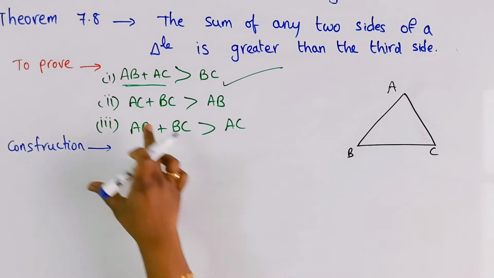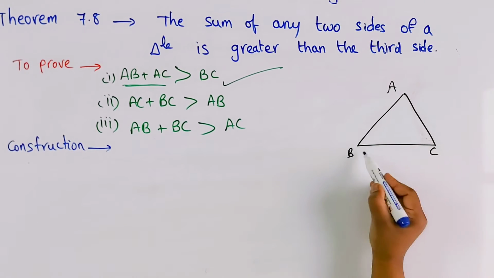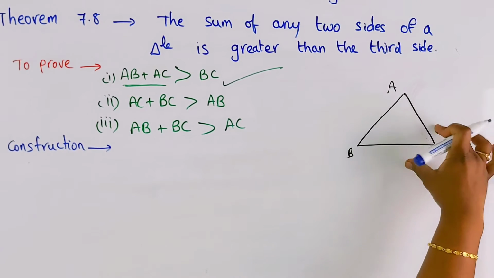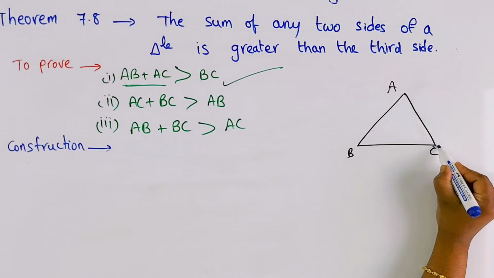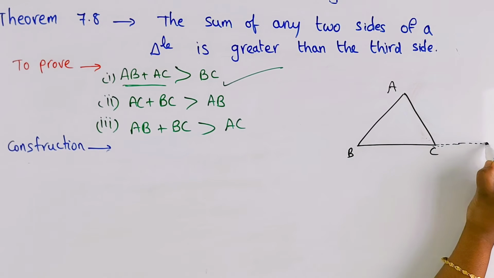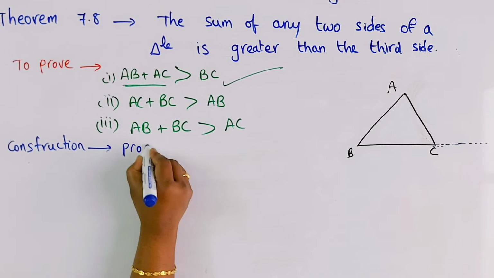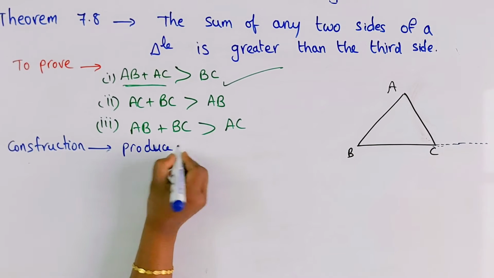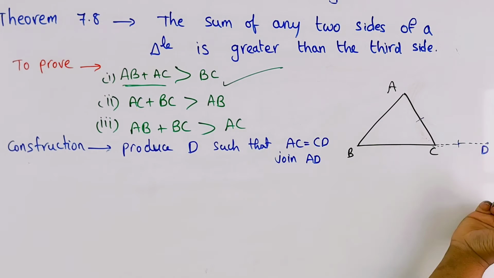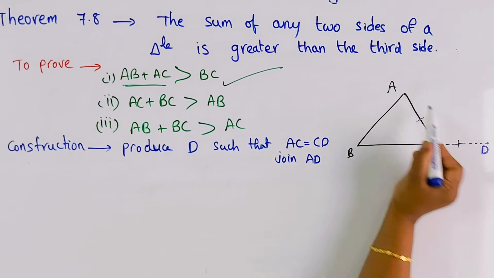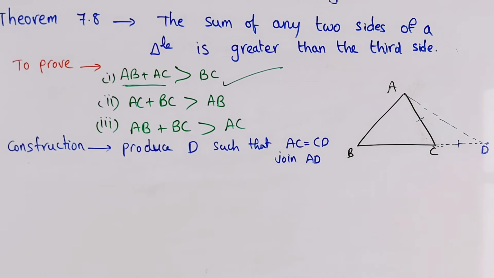Now for the second one, AC plus BC is greater than AB, children. That means for AC plus BC, we should prove that this sum is greater than AB. That means the common side is this one, we need to extend. So here the construction is: produce BC to point D such that AC equals CD, and join AD. This is the construction, children.